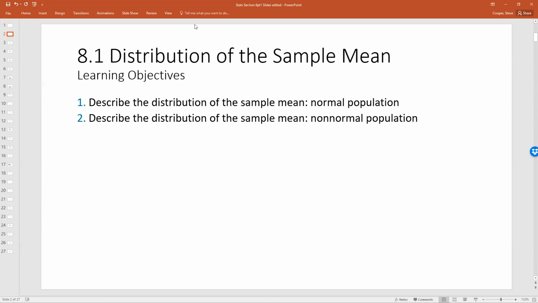All right. So for distribution of the sample mean, we've got two situations. We could be working with a normal population, like body temperature. So we decided that's a normal curve, so the underlying random variable could be normal. The other thing is we could be working with something where the underlying population is not normal, and we'll distinguish between those two as we go.